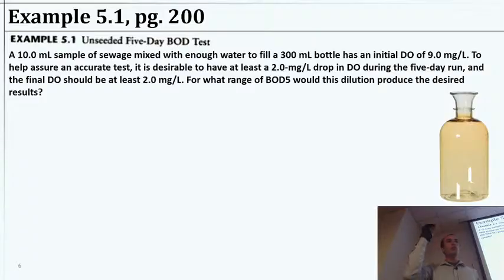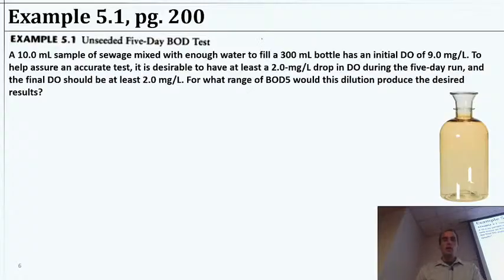So at least 2 milligrams per liter down over the 5 days. And we also want to make sure we have at least 2 milligrams per liter of oxygen remaining to make sure, again, that our oxygen meter is working well in that range. So then the question is, for what range of BOD5 would this dilution produce the desired results?